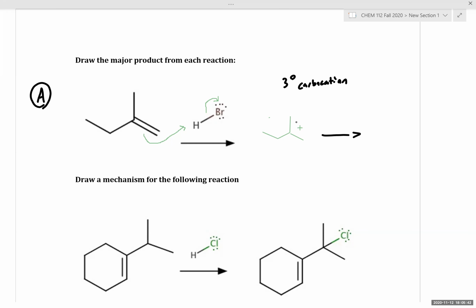So once we make our carbocation, we have bromide anion floating around. And what happens with that bromide anion?